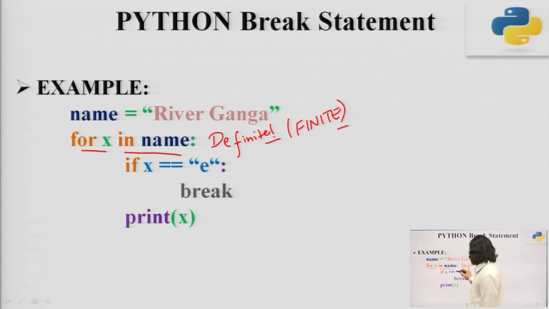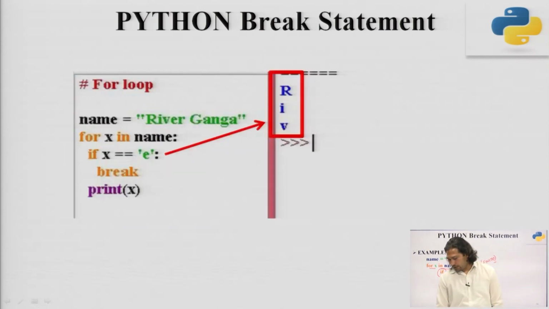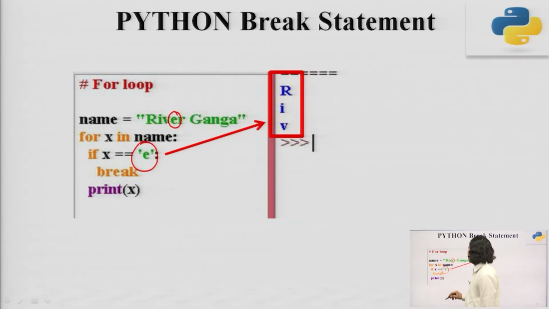If you want to break this loop at a particular condition, you can use a conditional statement followed by the break statement. You can see the output, it is "riv", that means at this e it stops. So, these 3 characters are in the output, that is RIV.